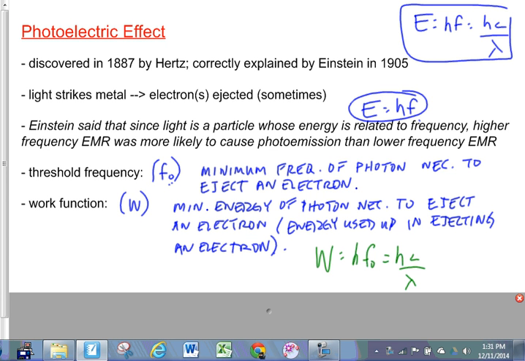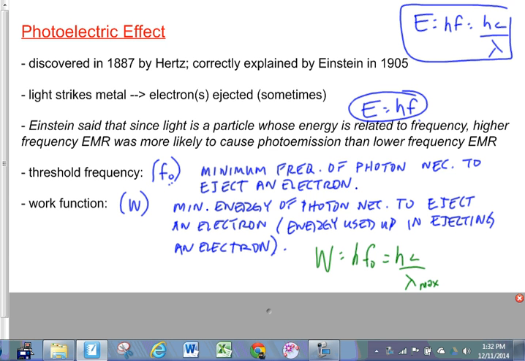Aaron? h times minimum frequency, hc over lambda maximum. We talk about the threshold frequency a lot more often than we talk about a threshold wavelength. The threshold frequency is the minimum frequency, but since wavelength and frequency are inversely related, if you have a minimum frequency below which no electrons are ejected, then you have a maximum wavelength above which no electrons are ejected.